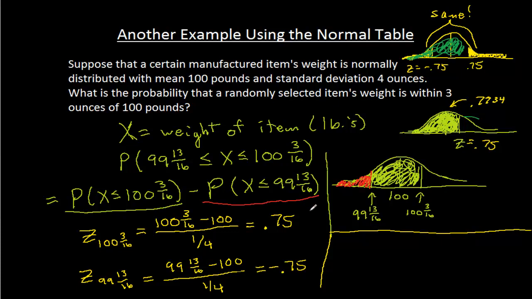So let me go back. This line here becomes 0.7734, and actually this is approximately, the table only gives approximations, minus, and then I need 1 minus 0.7734.